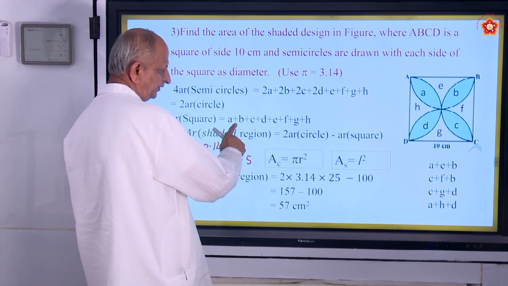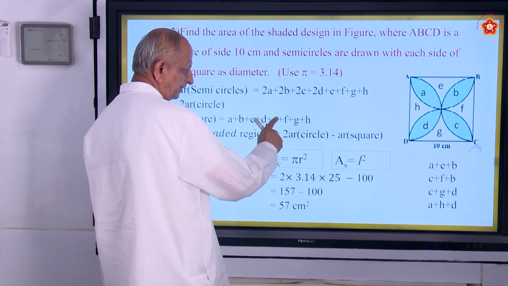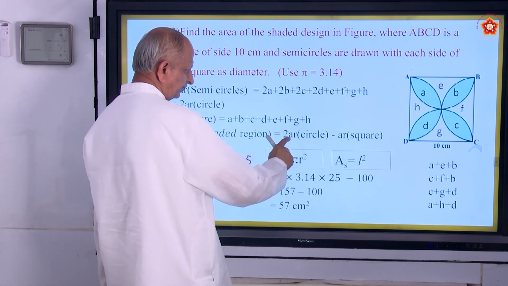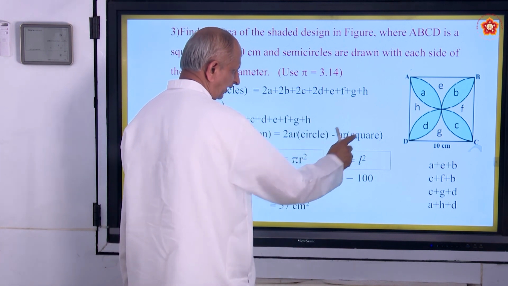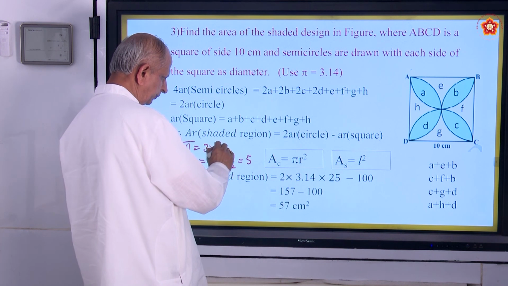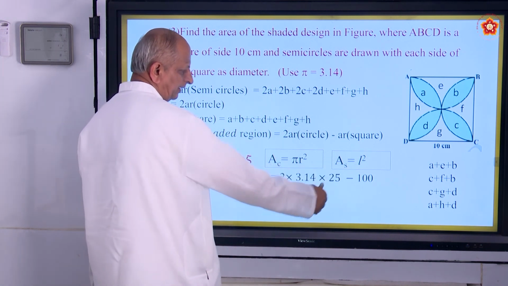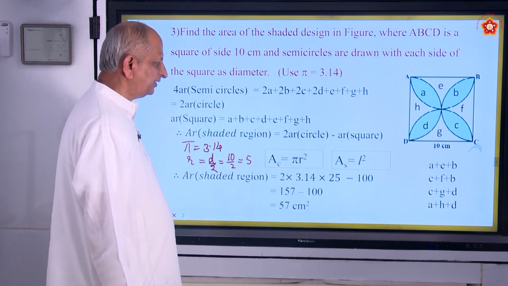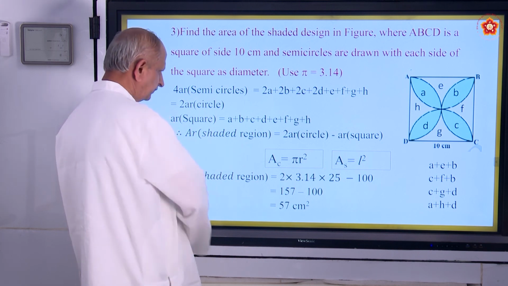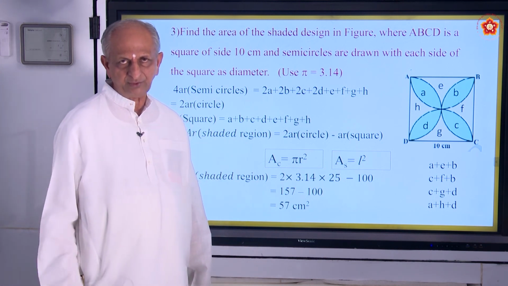So 2 times area of a circle minus area of a square. Apply that. Pi is given to be 3.14, r is 10 by 2, 5. Then you get 57 square centimeters. It is a 4 marks question. Be thorough with that. As a little calculation is there, I have just repeated.